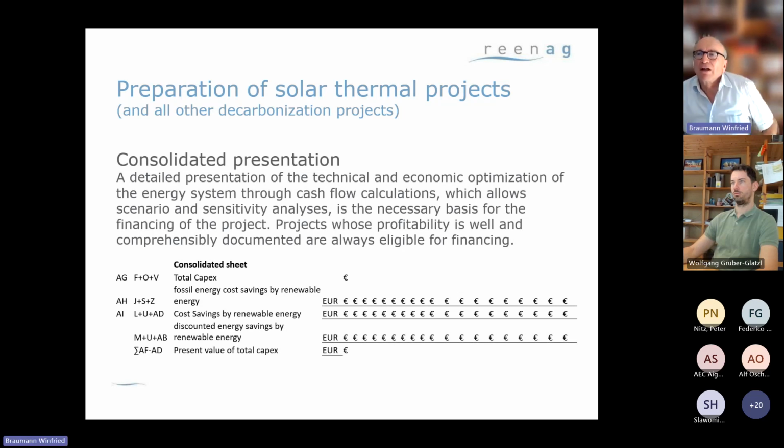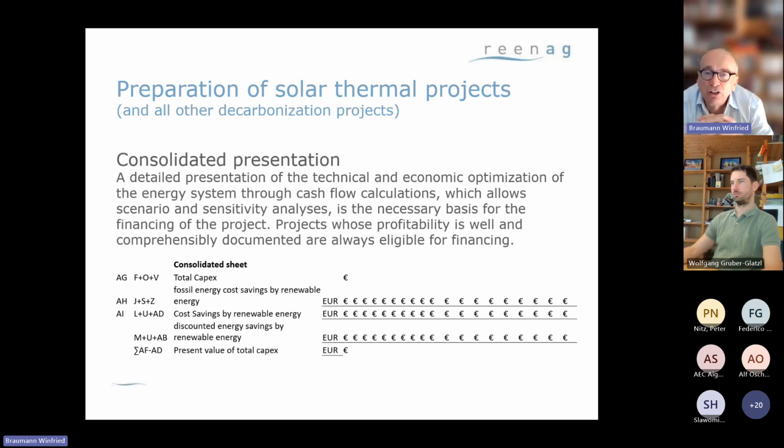Well, with the detailed presentation of the technical and economic optimization of the energy system through cash flow calculations, which allow for scenario and sensitivity analysis also by financial people, the basis for financing the overall project should be laid.